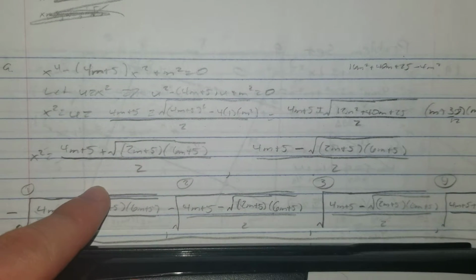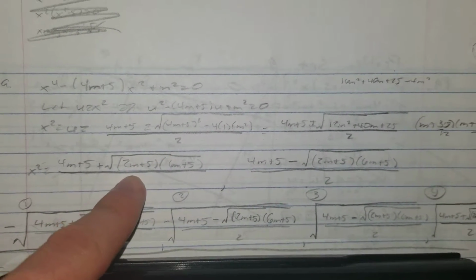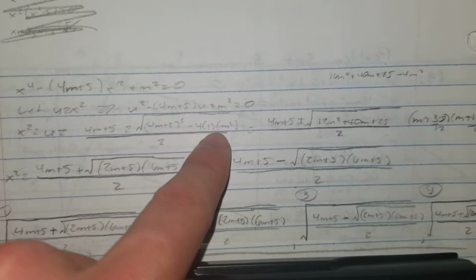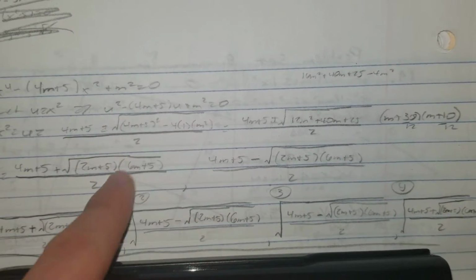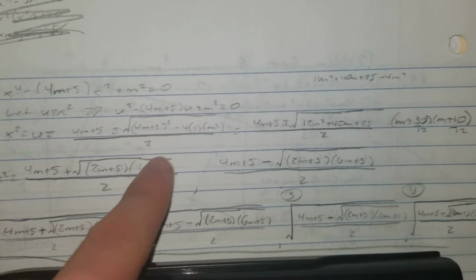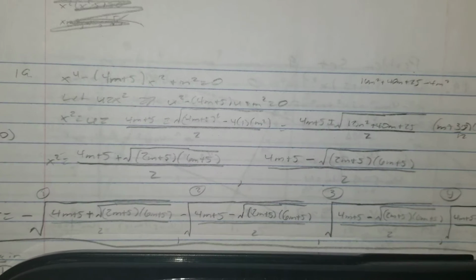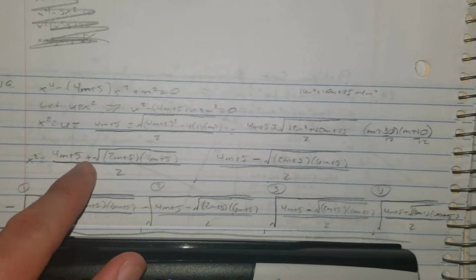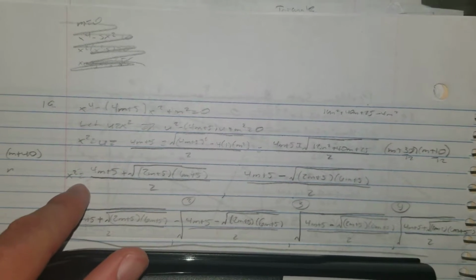So the positive version is (2m plus 5) times (6m plus 5), because I just did difference of squares for this: it's 4m plus 5 plus 2m, and 4m plus 5 minus 2m. That's how I get 2m plus 5 and 6m plus 5. Okay, and that's the plus version, and that's the minus version from that plus or minus right there. So those are your two roots of x squared.